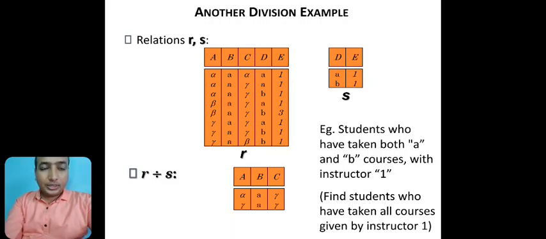Okay, if you take this 1 as the instructor value and you are taking alpha and beta as your student name, then you are being asked to represent only those students who have taken all the courses given by your instructor with ID value 1 there. So for that, in this slide you can understand how this division operation is going to work there.